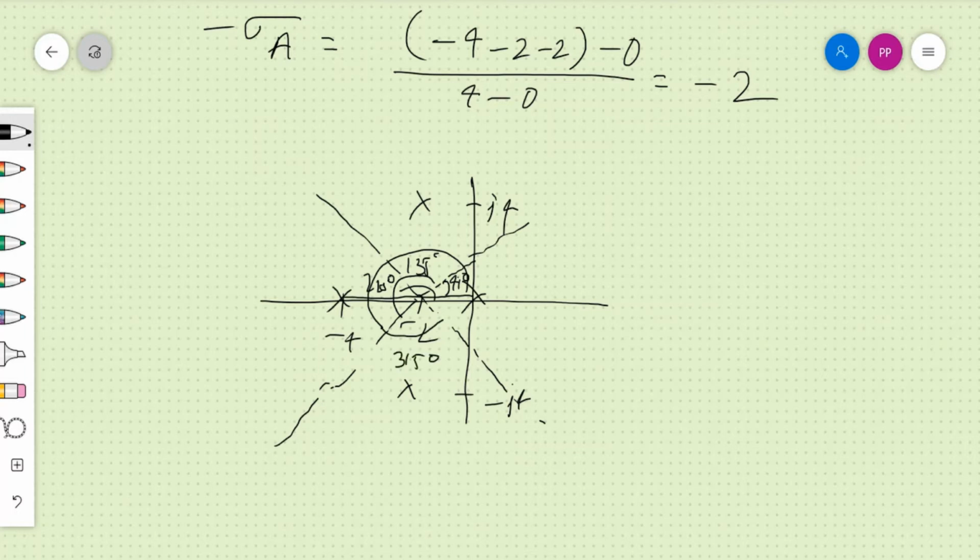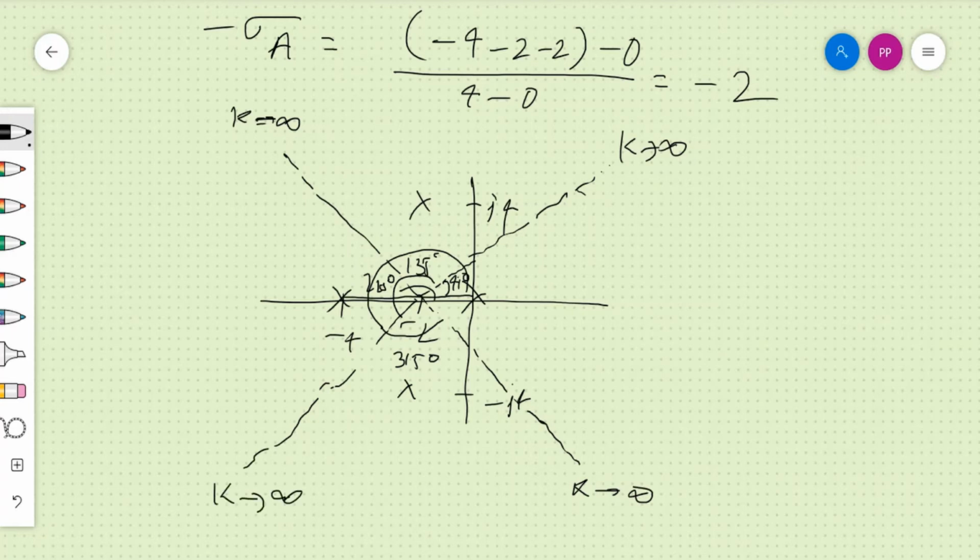That way we find the asymptotes, where the branches terminate at infinity. These are for k tends to infinity.